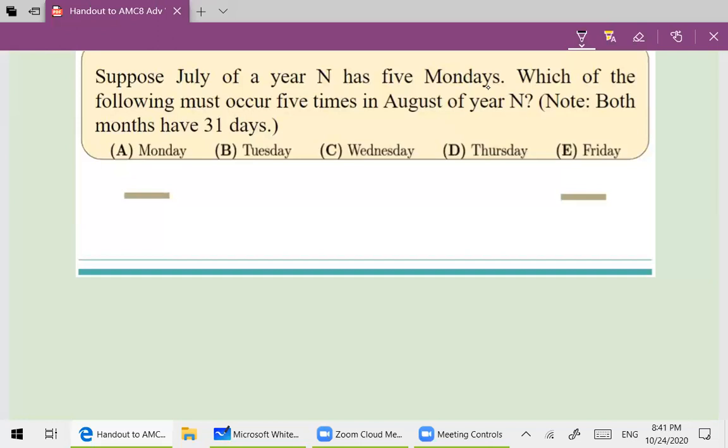Okay, so it has 5 Mondays, which means that Monday is the first, second, or third day of July. If it's first, then August has five of Thursday, Friday, Saturday.